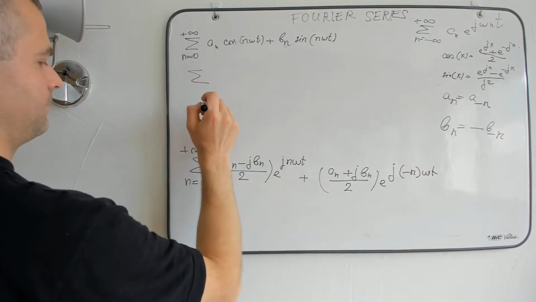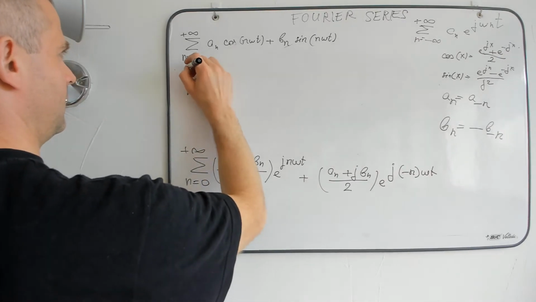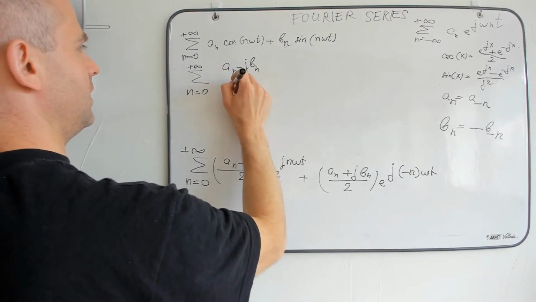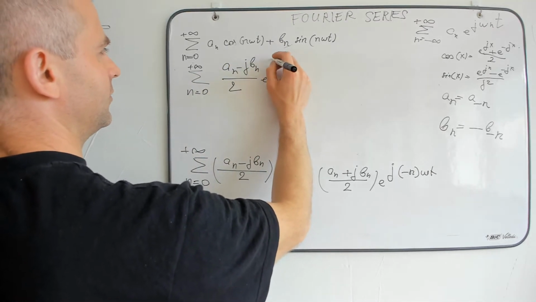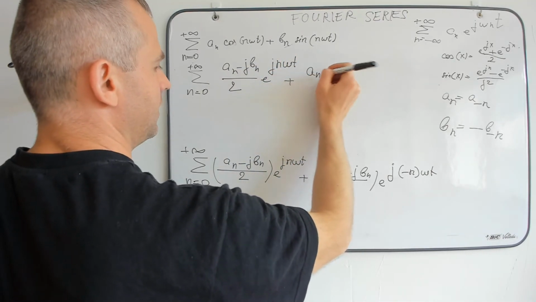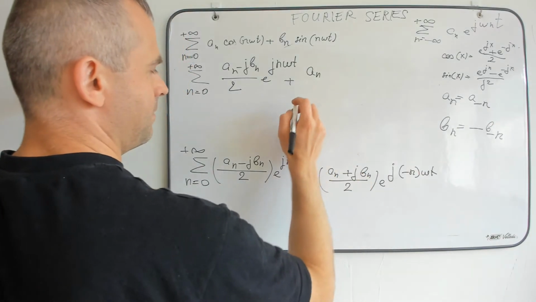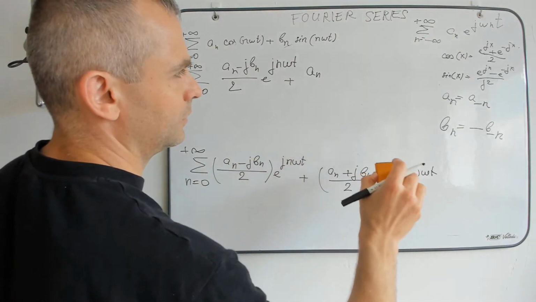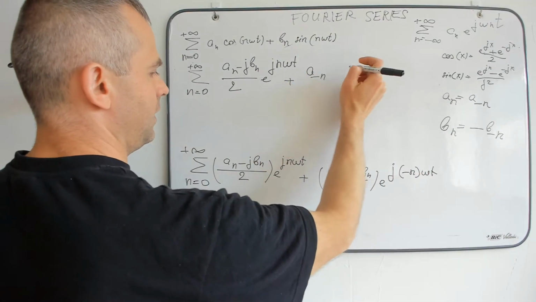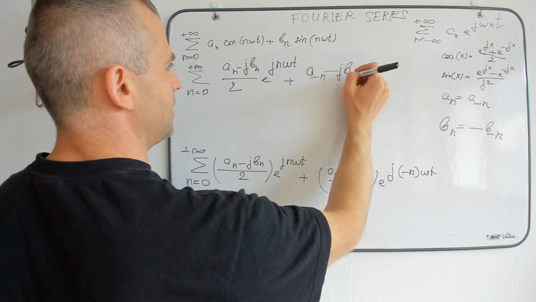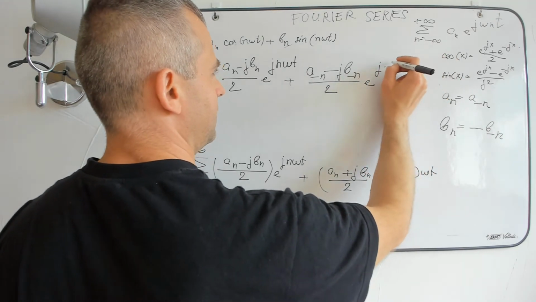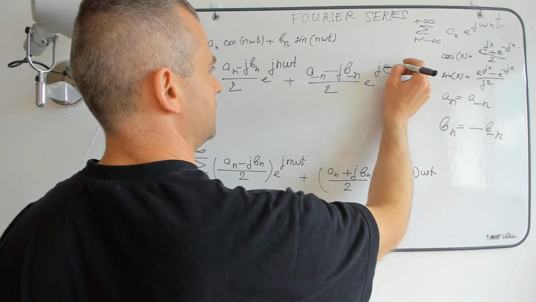That will give me an minus jbn divided by 2 exponential of jn omega t plus a minus n minus jb minus n divided by 2 exponential of j minus n omega t.